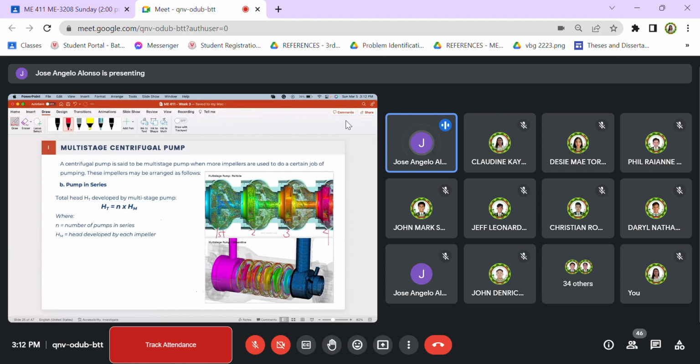Kapag ang discharge ng first pump mo ay magiging suction ng second pump, ang discharge ng second pump will be the suction of the third pump, discharge ng third pump will be the suction of the fourth pump. As you can see also in the picture below. So same lang naman yung pinagkukuhanan ng source or ng suction side. And same din yung pagbabatuhan ng ating discharge port here.